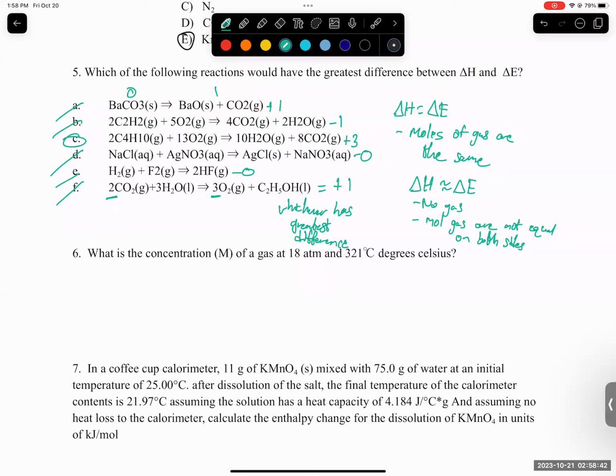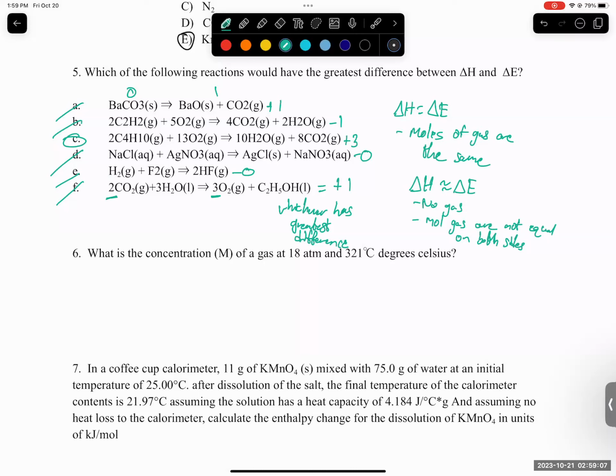All right. What if they said least difference between delta H and delta E? Either D or E, yeah, it would be E. Yeah, because E technically has 0. Or wait, sorry. It would be B. Because B, you actually go down.